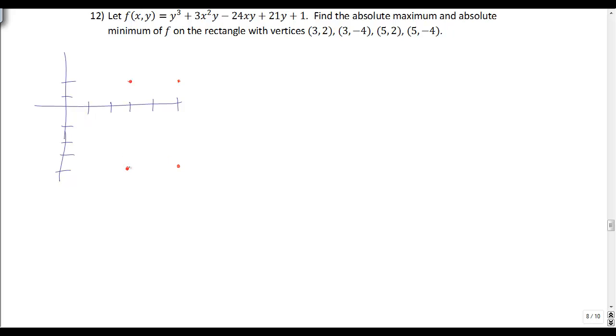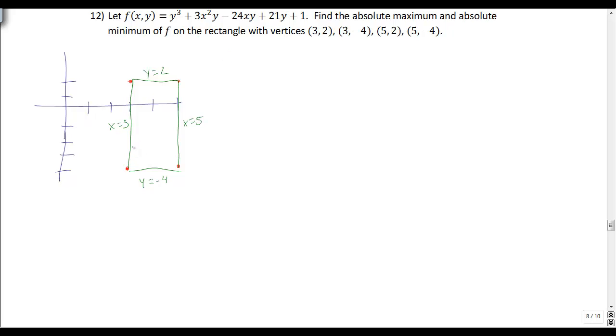We've got a rectangle with sides where this is y equals 2, this is y equals -4, this side is x equals 5, and this side is x equals 3. So there's our rectangle, and we want to find the absolute max and min on this rectangle.